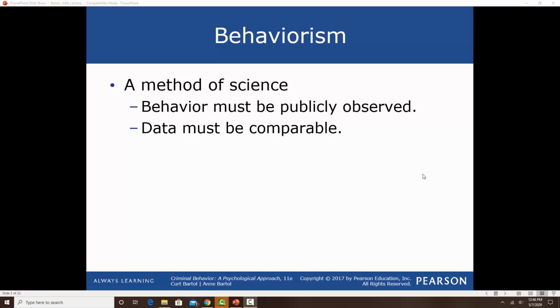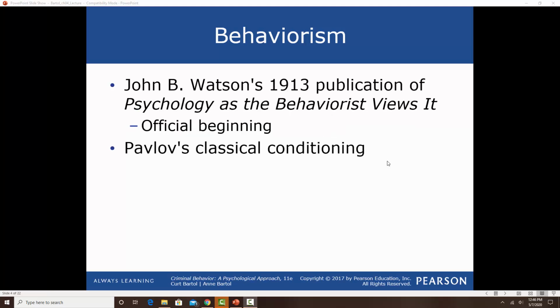It really focuses on the conscious experience and suggests that psychology should only pay attention to and measure what can be publicly observed and measured empirically with evidence. So really highly based in the scientific method, discounting the ideas of the unconscious, and with really the idea that everything about us is learned. Everything that we do is because we have somehow learned to do that.